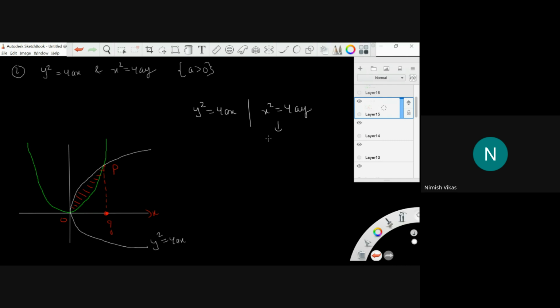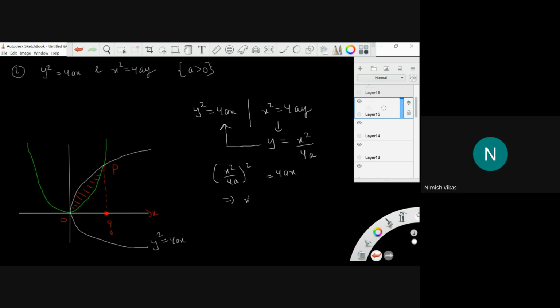First one, let's say we solve them simultaneously. So y is equal to x square upon 4a. You will get this. So this value of y you put here. So y square, x square upon 4a whole square is equal to 4ax.